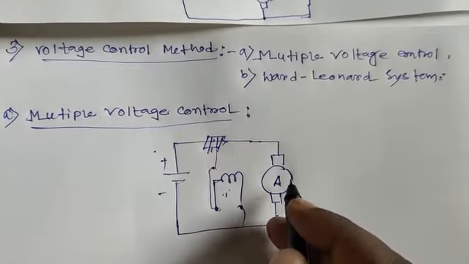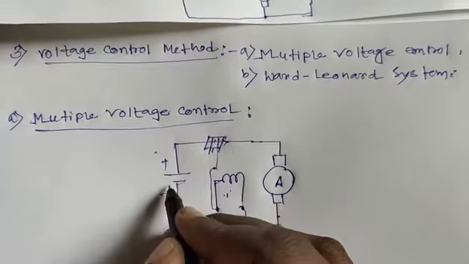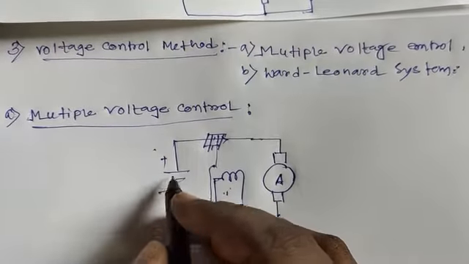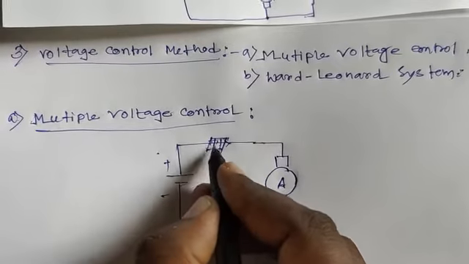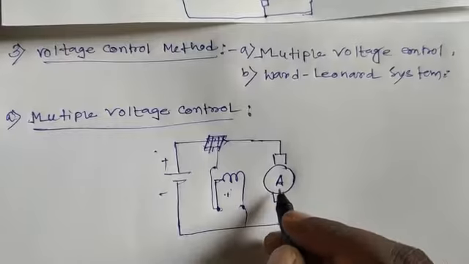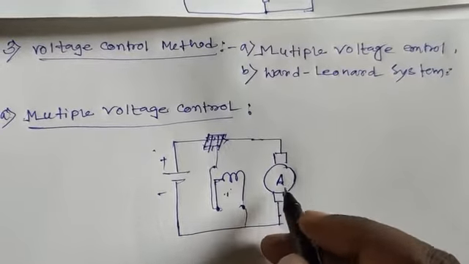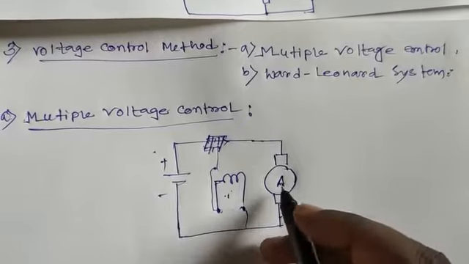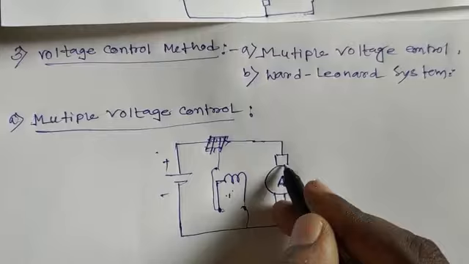This armature voltage is changed with the help of suitable switchgear. The speed is approximately proportional to the voltage across the armature.